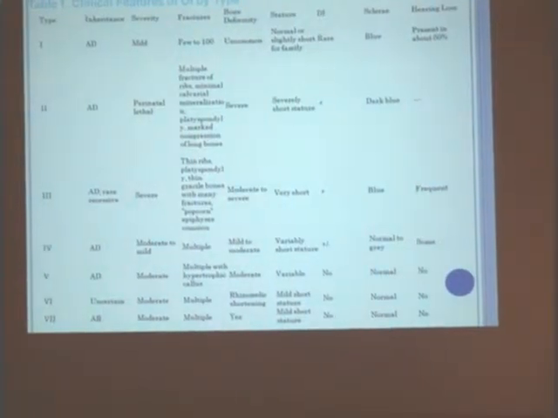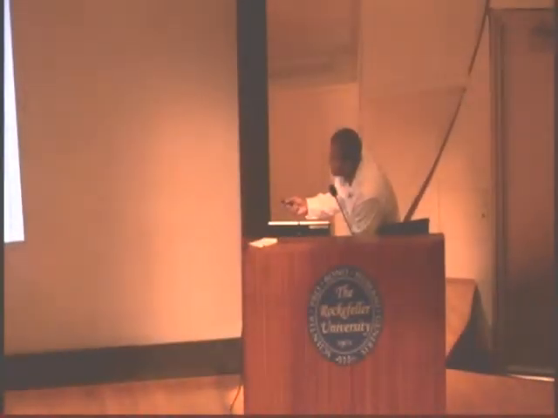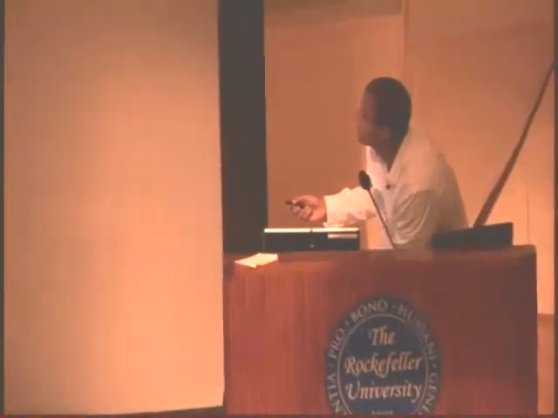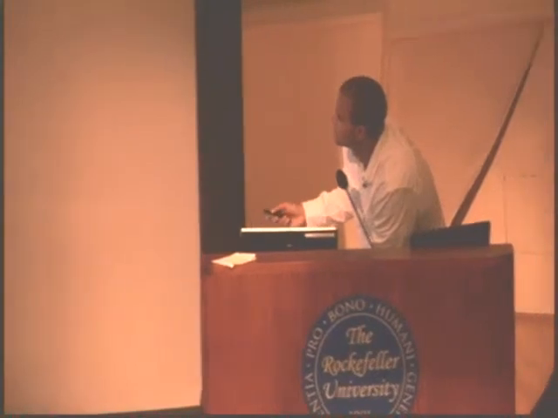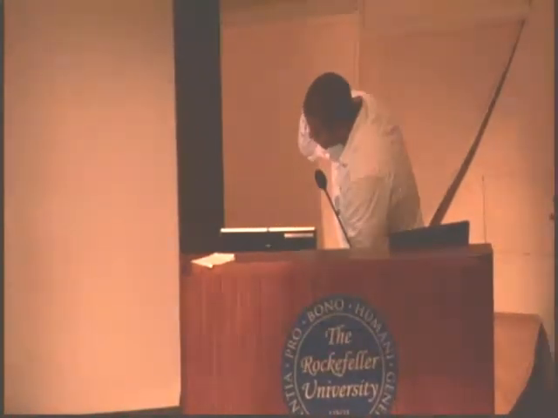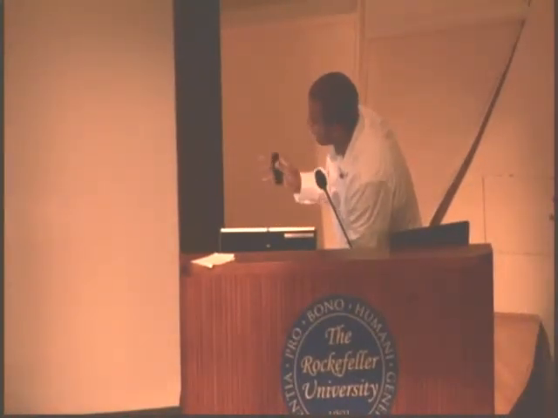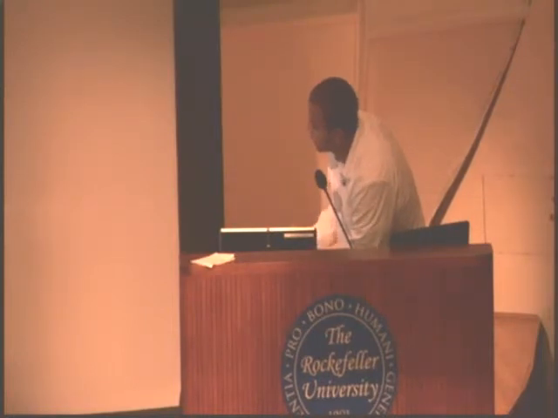The clinical features of OI are right here. Multiple fractures of ribs, and the bones in the neck are not structured properly, and basically it's all fragile, thin. They usually have short statures and such.